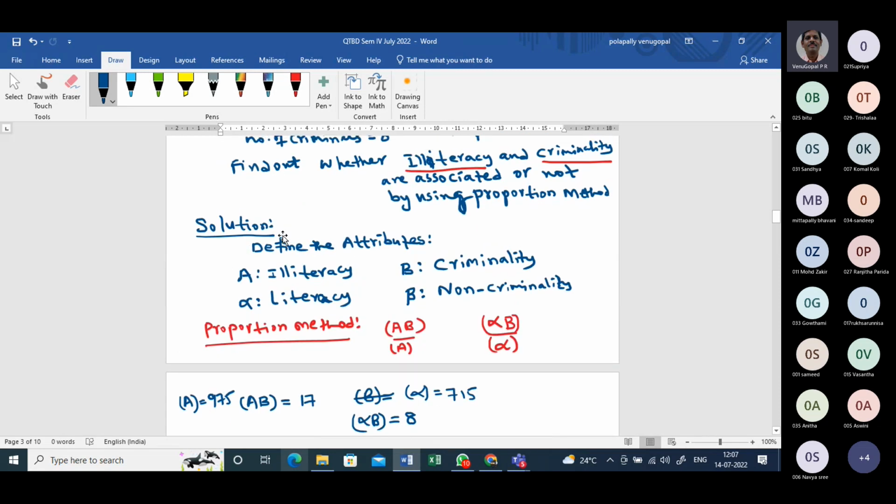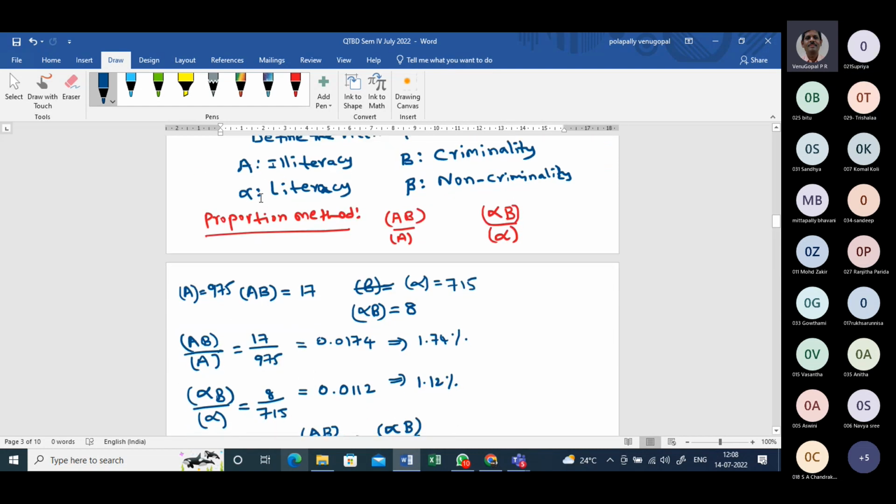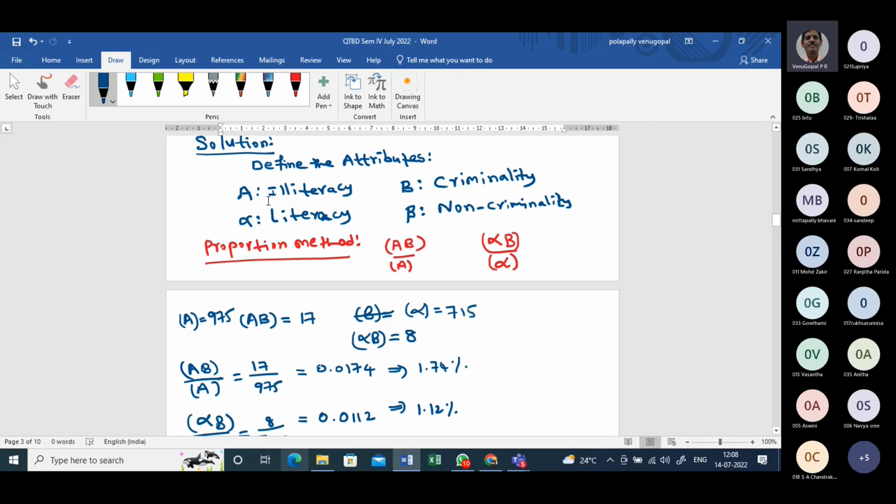Otherwise, the person who corrects the paper will see A sometimes as literate and alpha as illiterate, so accordingly I have to frame the formula then. Are you getting my point? Yes, sir. Just to bring uniformity, I am doing this.